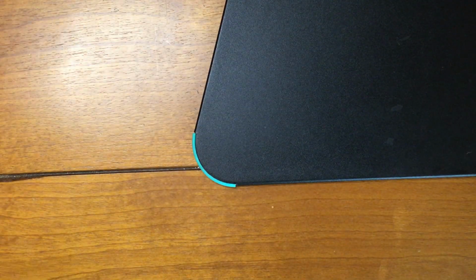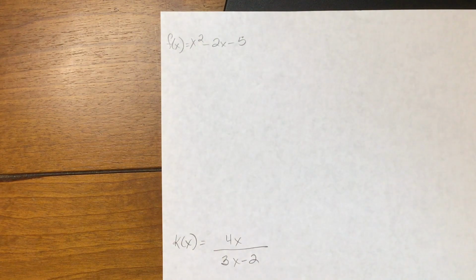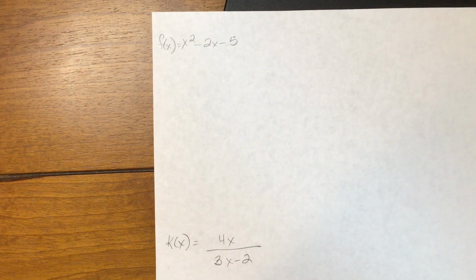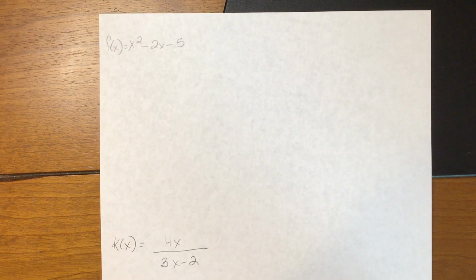All right, so what if you need to find the inverse of this? Well, one way to find the inverse would first be to put it in vertex form, because even if I switch x and y, it's going to be really hard for me to solve for y when it's in more than one place.